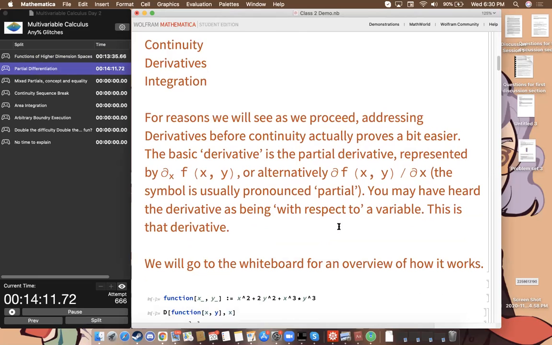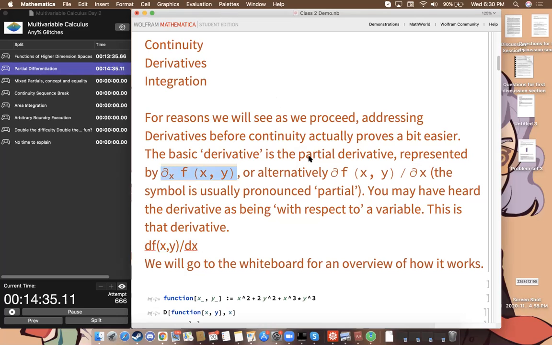And this is what we mean when we say a partial derivative is a derivative with respect to a variable. Note that df/dx is also defined. There's another meaning, a total derivative with respect to a variable, that's slightly different from the definition of a partial derivative with respect to a variable.